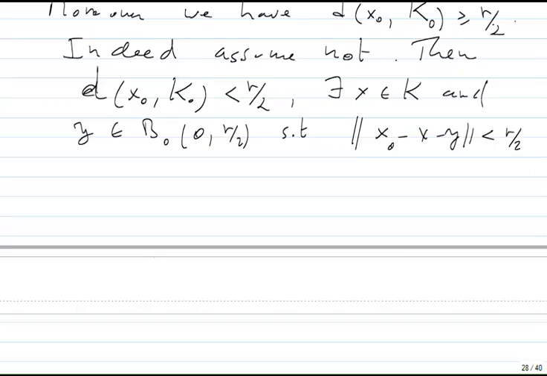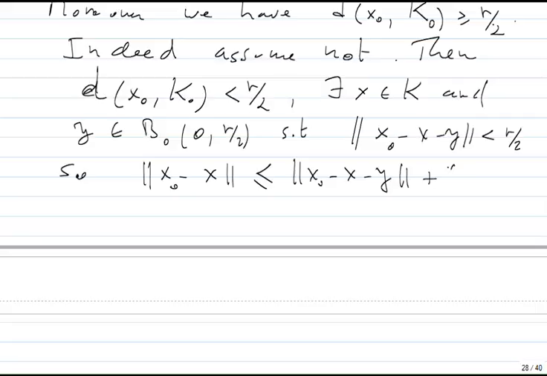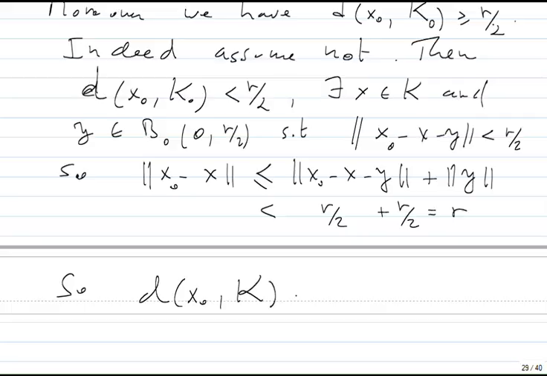So the norm of x0 minus x is less than the norm of x0 minus x minus y plus the norm of y, which is less than r over 2 plus r over 2 equals r. So the distance from x0 to K is going to be less than r, and this is a contradiction.